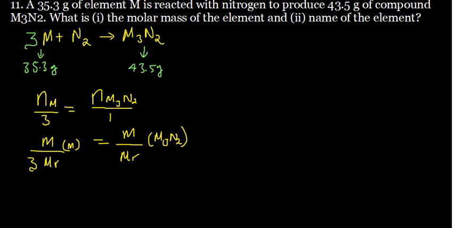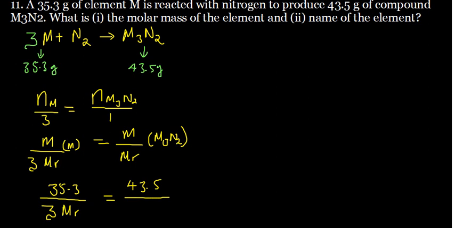Okay, so we are saying the mass of M, which is 35.3 divided by 3, the molar mass of M, this should be equal to the mass of the product, which is 43.5 divided by the molar mass of this compound.